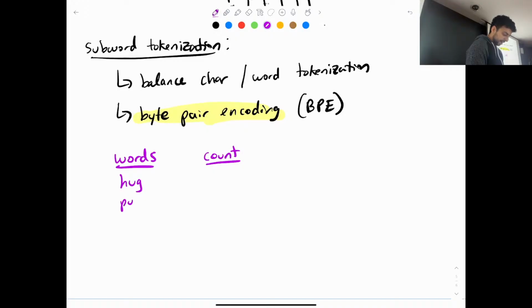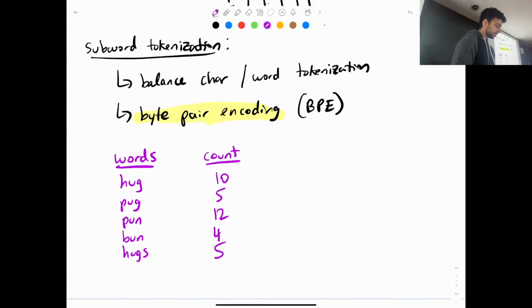So let's say I have a corpus that contains only 5 words in various permutations. The word hug occurs 10 times, pug occurs 5 times, hun occurs 12 times, bun occurs 4 times, and hugs occurs 5 times.